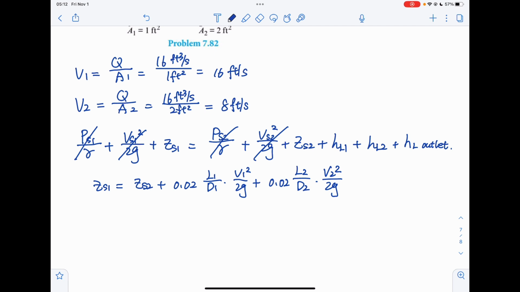Okay. And the head loss of the outlet will be the same as the velocity on the second pipe, so it's V2 squared over 2g.